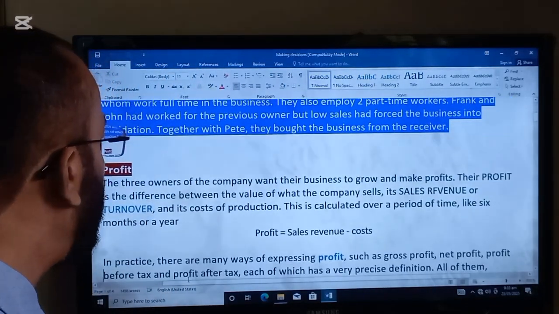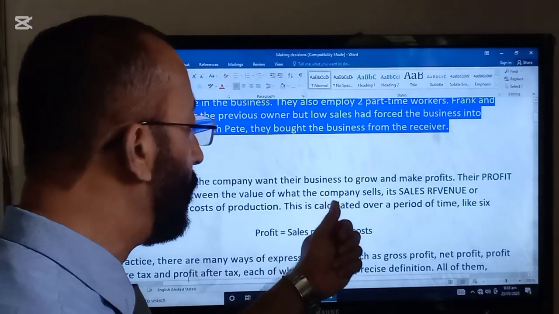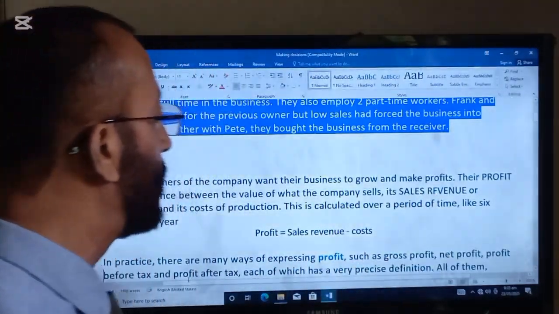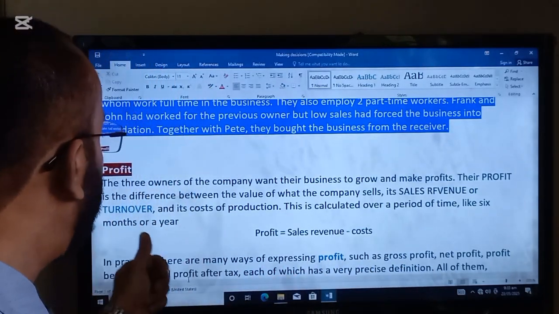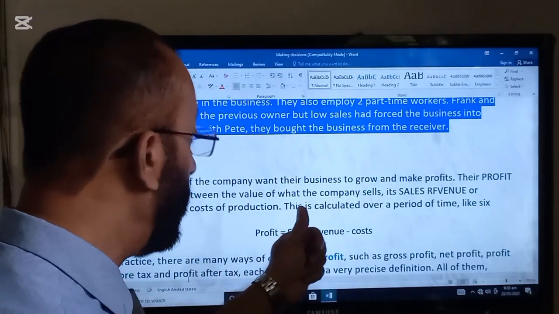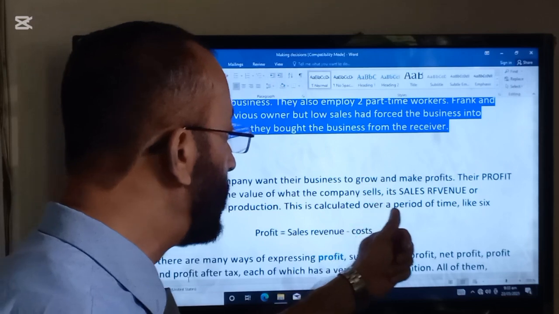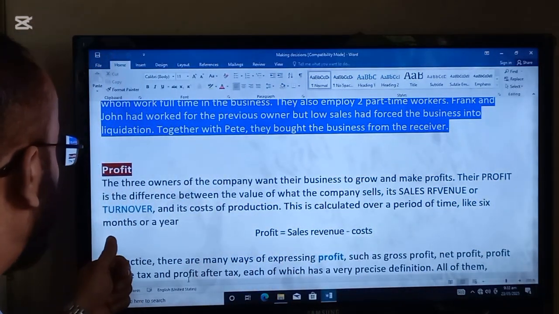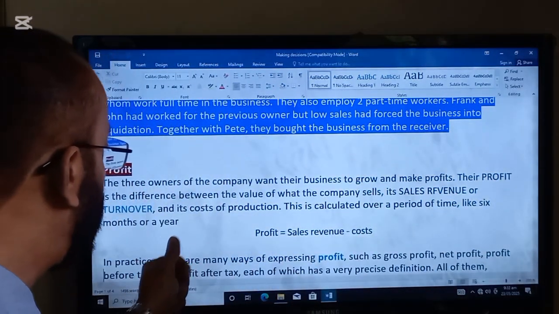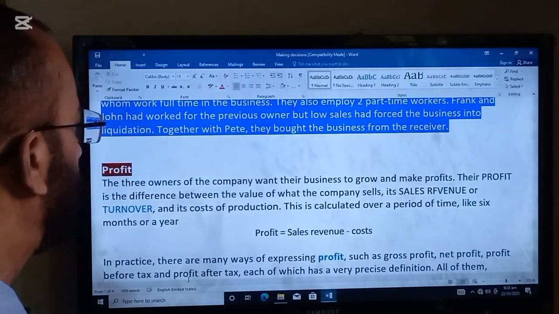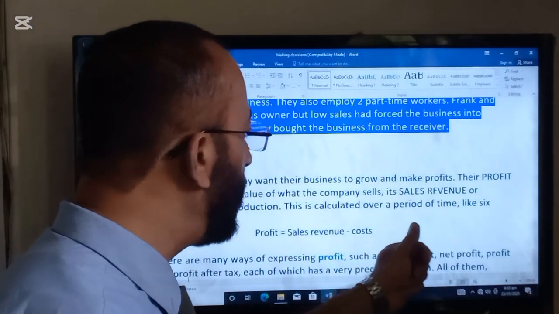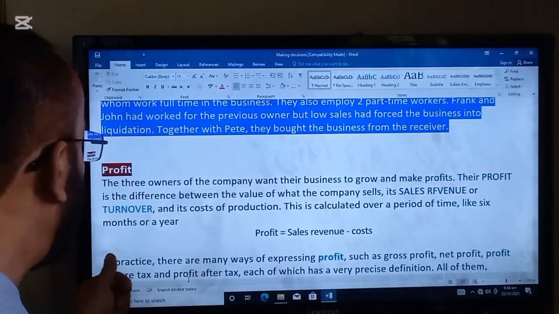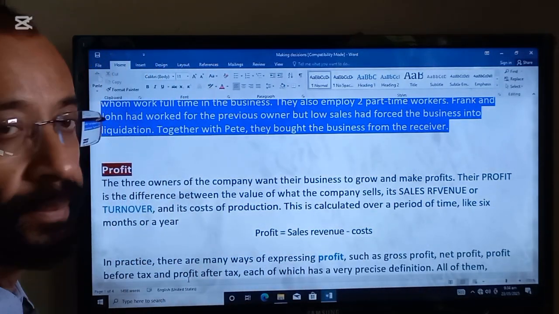The three owners of the company want their business to grow and make profits. Their profit is the difference between the value of what the company sells, its sales revenue or turnover, and its cost of production. This is calculated over a period of time, like 6 months or a year.